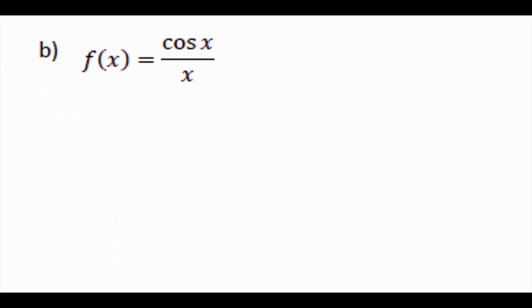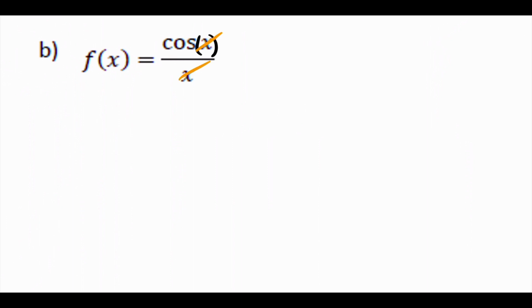Cosine of x divided by x. First thing, I see this even in calculus. Can I do that? No, because the top is not an x, it's an angle. It's cosine of something. Now, if I had an x out here, then go for it. Absolutely. But that doesn't work.